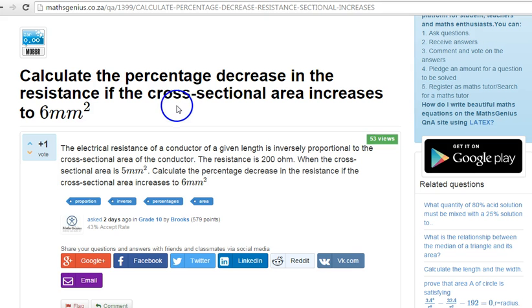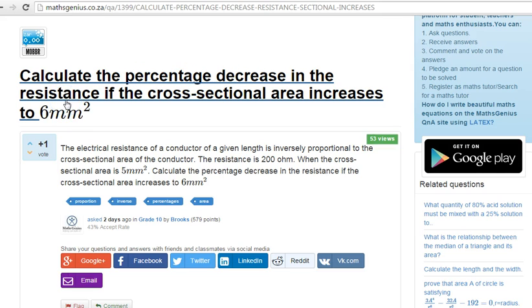So today's question is focusing on percentage decrease, that is percentage change. It says calculate the percentage decrease in the resistance if the cross-sectional area increases to 6 square millimeters. So they're asking us to calculate the percentage decrease in resistance.